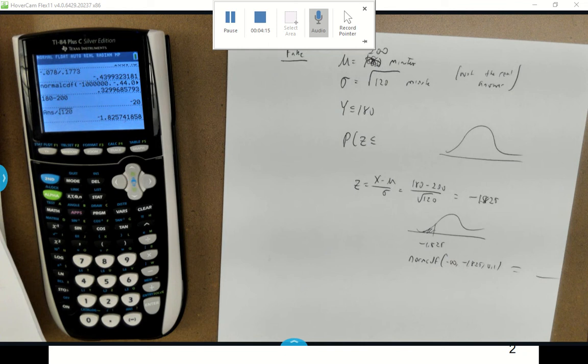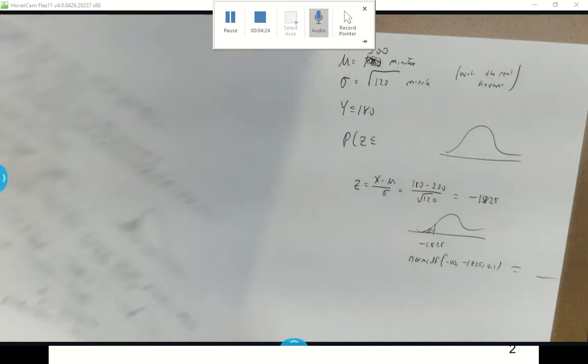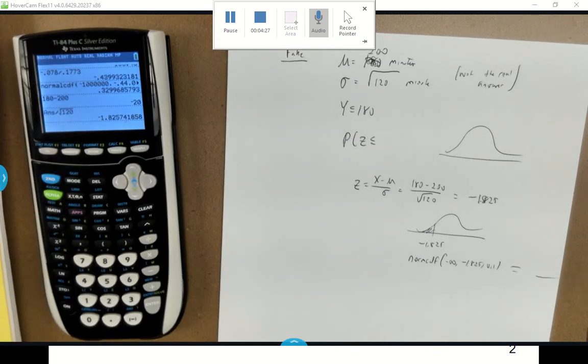And figure out the likelihood of you making the time on there. All right, okay, so that's just a hint on the first one.